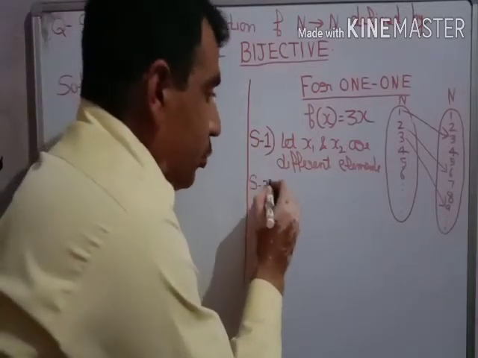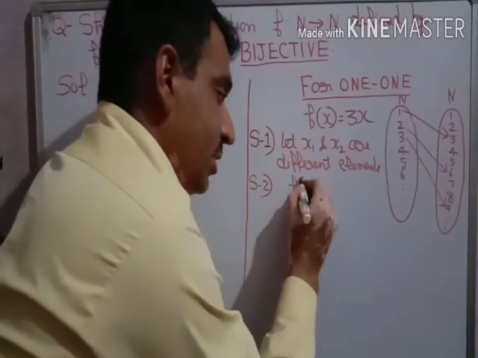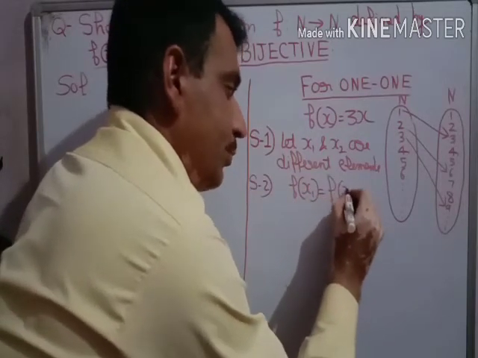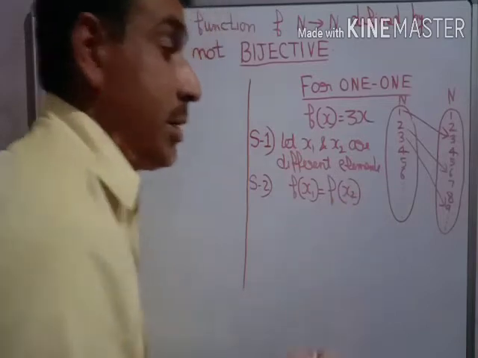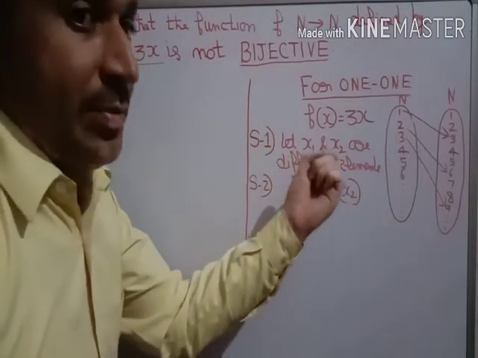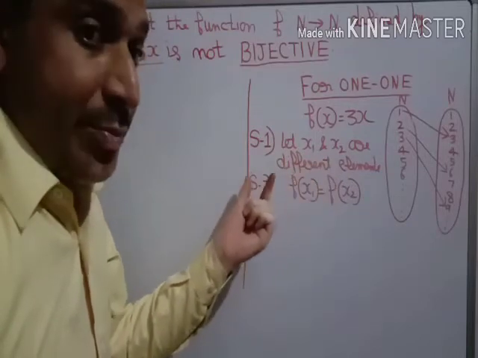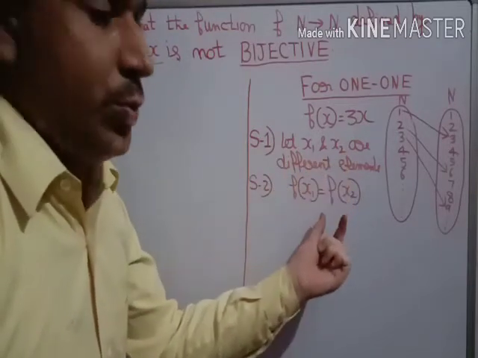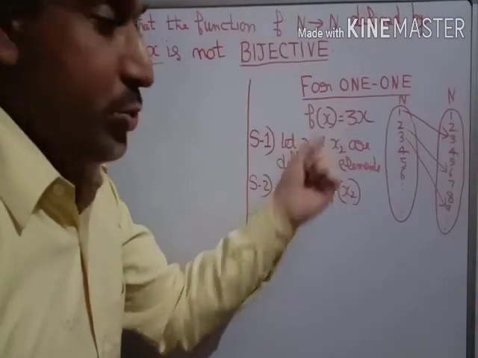Step number 2: we have to put f of x1 equals f of x2. Step number 1, we assume x1 and x2 are two different elements. Step number 2, we put f of x1 equals f of x2, and we use this function now.